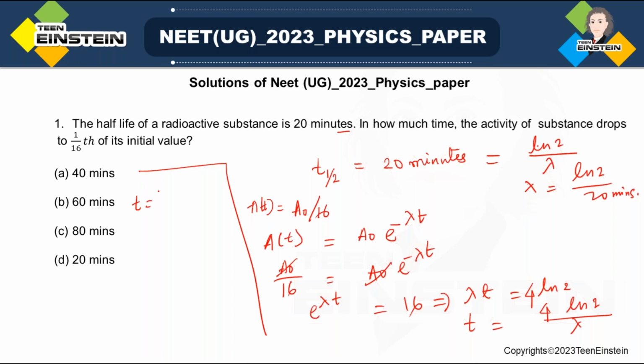It goes like this: 4 ln 2 divided by ln 2 by 20. So 20 will come here, and this whole thing will be in minutes. The ln 2 cancels, so it will be 80 minutes. This is the answer. So 80 minutes is the answer for this question, and option C will be correct here.